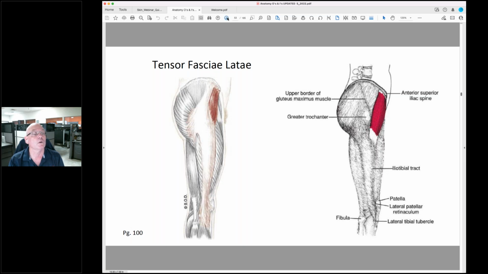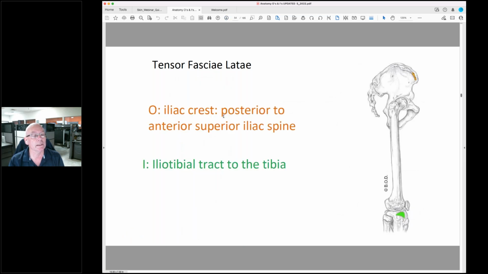Okay, origin and insertion: the iliac crest, posterior to the anterior superior iliac spine, right behind it, in other words. Now coming down to the iliotibial tract to the tibia.